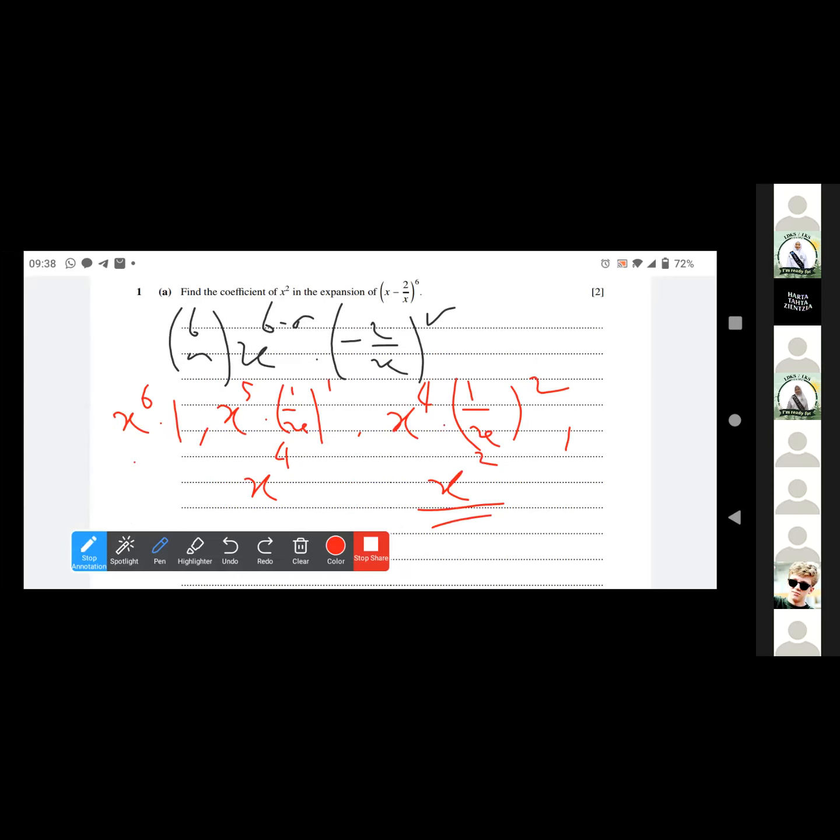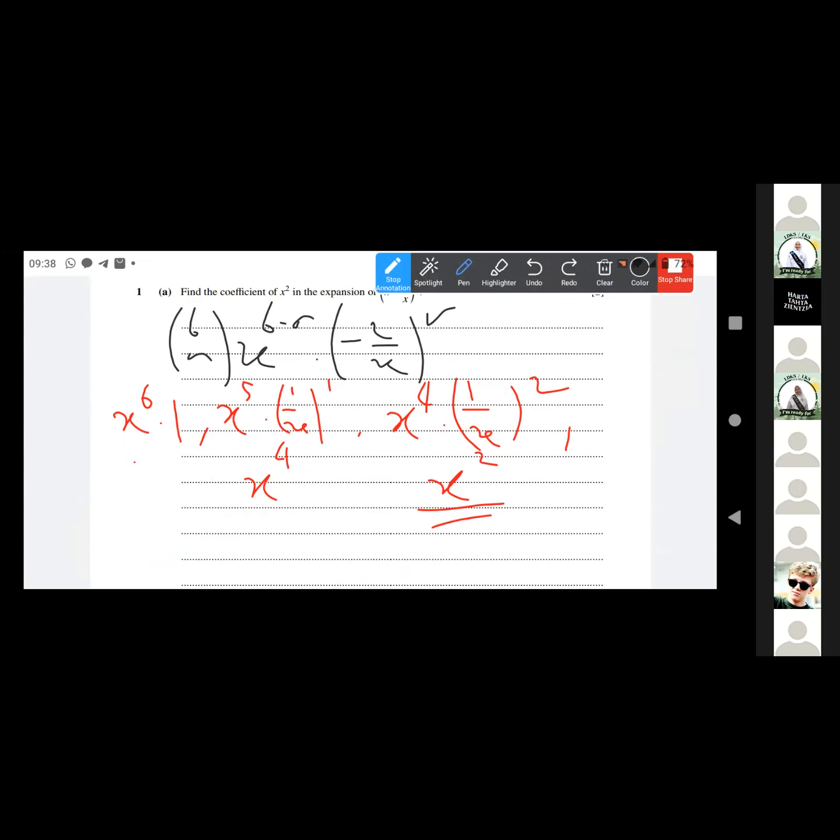So 6 choose 2 times x to the power of 6 minus 2 times negative 2 over x to the power of 2, something like this. Jadi di sini 6 kombinasi 2.